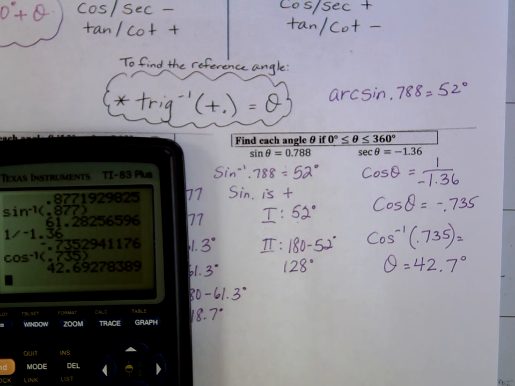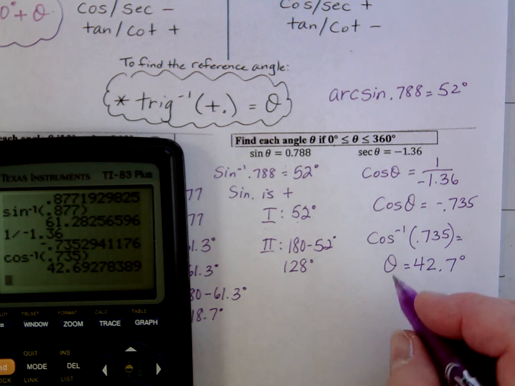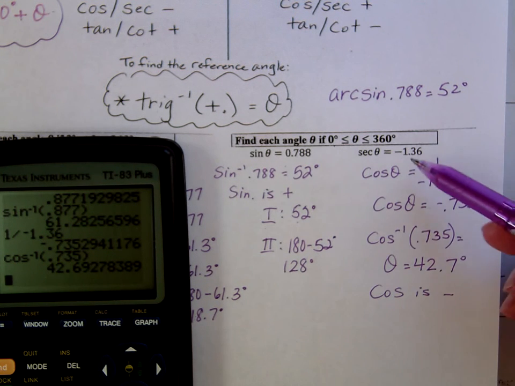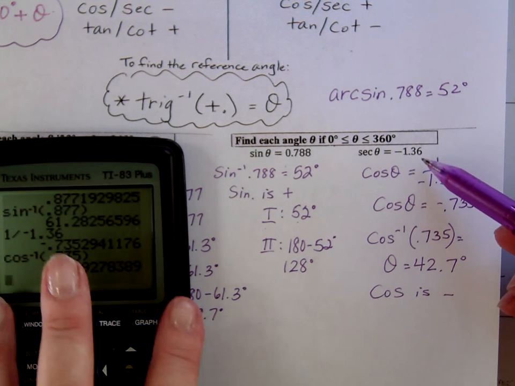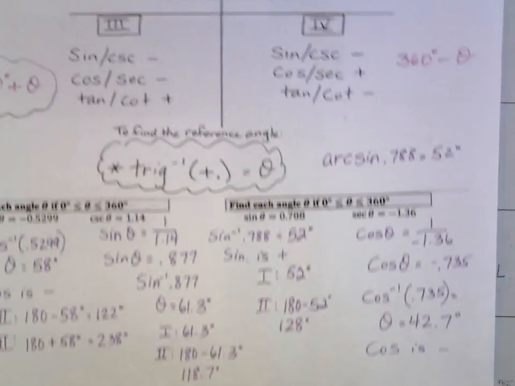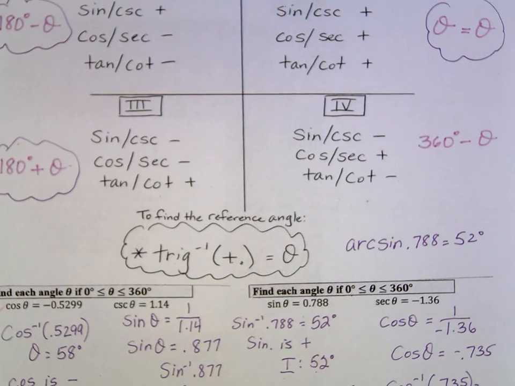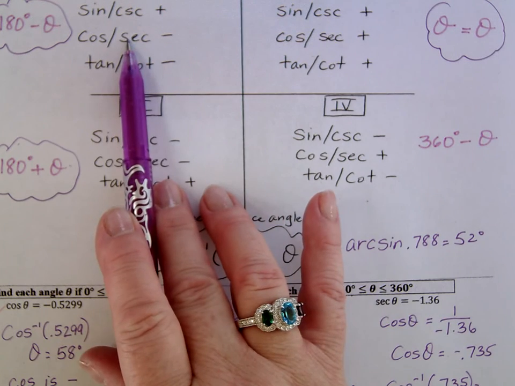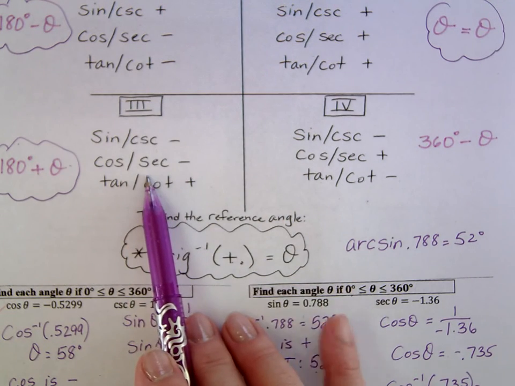All right, now I'm ready to put it in the quadrants. This one is where the cosine is negative, or secant, either one. They've got the same sign values. So if I go back to the top of my page, I want to know where the cosine or secant is negative. Not in the first, but it is in the second, and it is in the third, and not in the fourth.